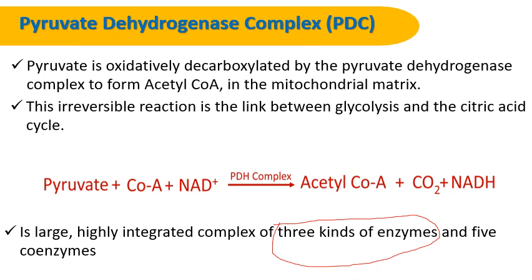So you must have this as our basis: 3 different kinds of enzyme, 5 coenzymes. In other words, one of the enzymes will contain 1 coenzyme, then the remaining 2 will contain 2 coenzymes each, as we see in a jiffy.